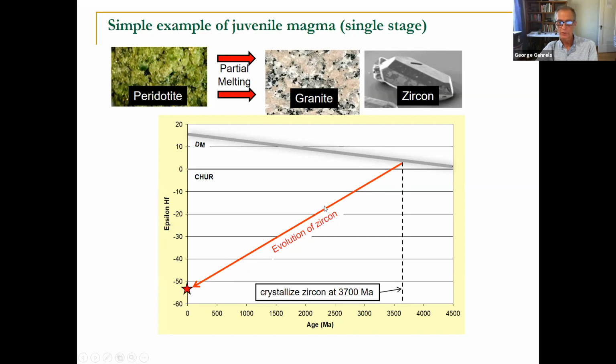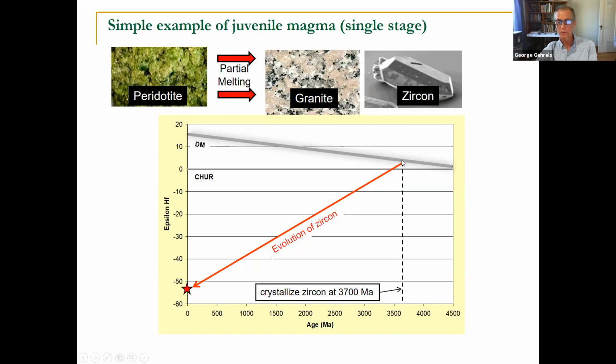And that zircon evolution line is going to go back until it hits this DM line. This is the evolution of the mantle. What was previously green going up in space is now the mantle evolution line. So this is cool. It tells us we have a zircon that crystallized here 3.7 billion years ago. That's what uranium-lead tells us. And the hafnium tells us that when we project it back, it hits that DM line.